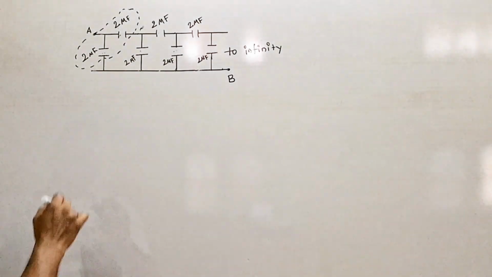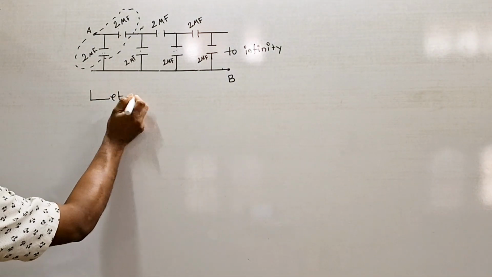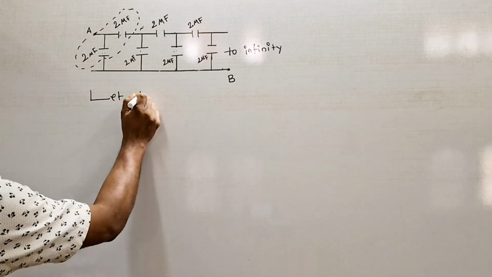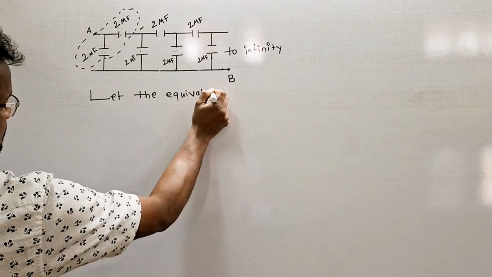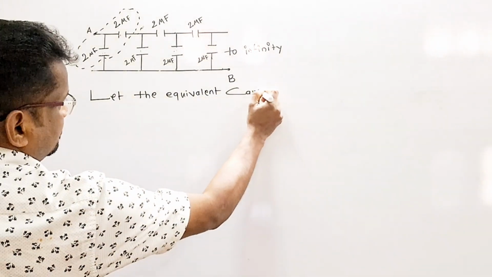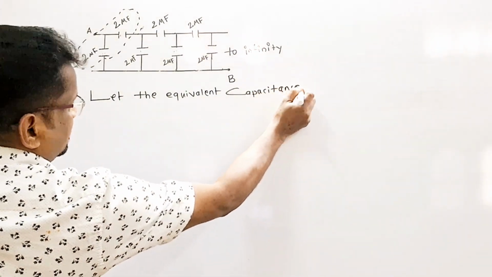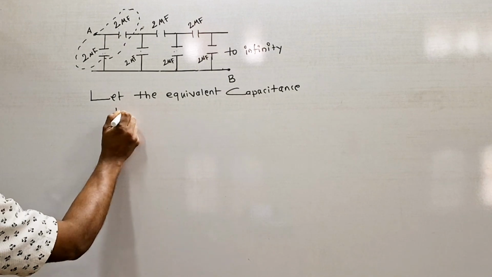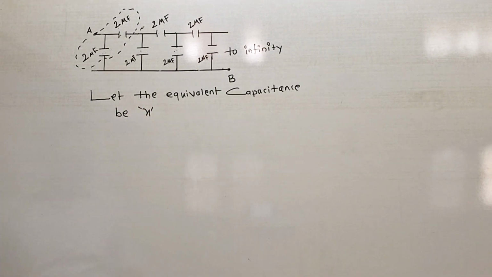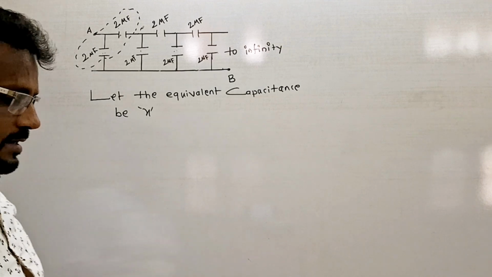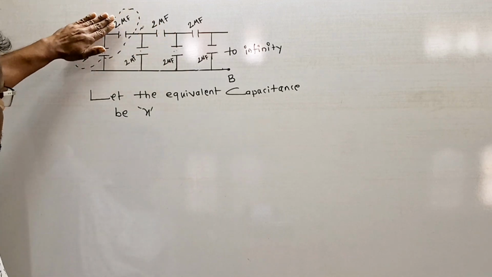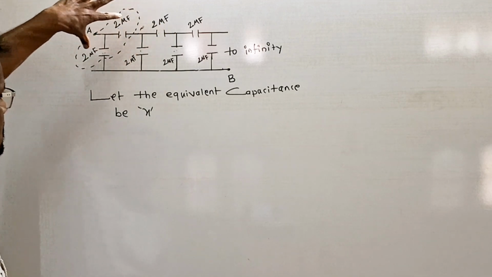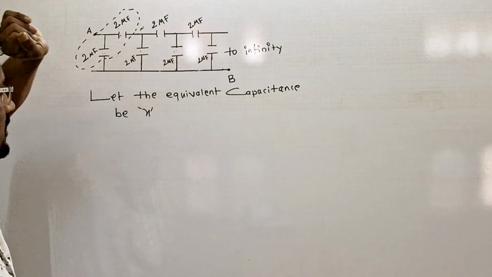Now you see, we don't know what the equivalent capacitance is. Let the equivalent capacitance of the entire circuit be X. For the entire circuit, the equivalent capacitance we assumed as X. Then this circuit consists of infinite number of such units, 1, 2, 3, like this.